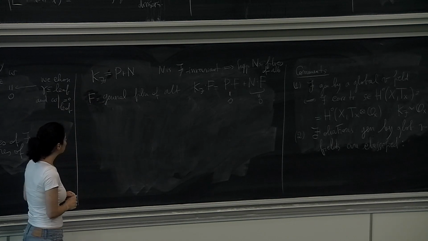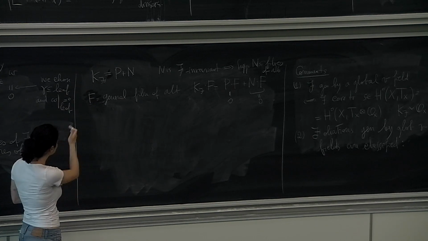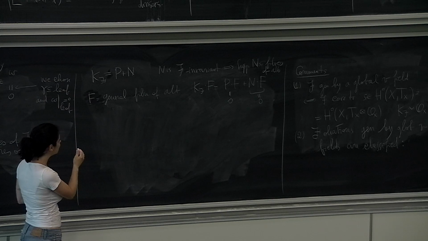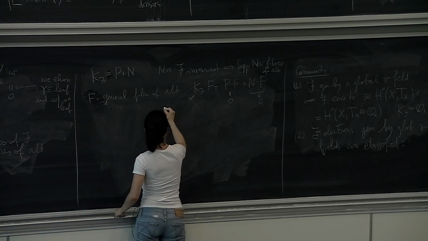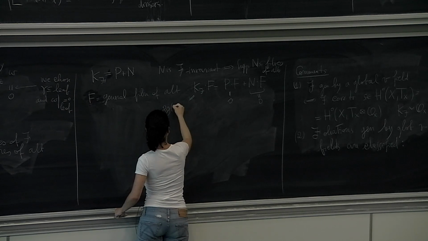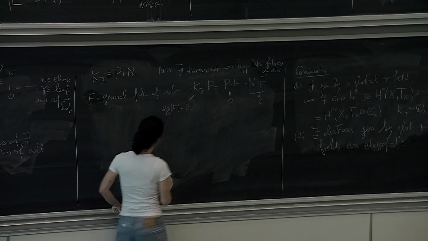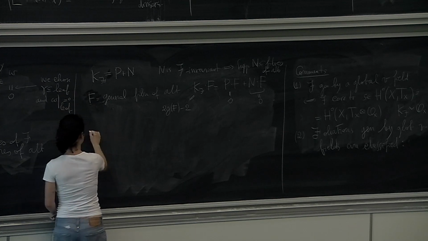Okay. But, well, we said that our foliation is indeed a fibration. So on the other side this is equal to twice the genus of F minus 2. So F is an elliptic curve.